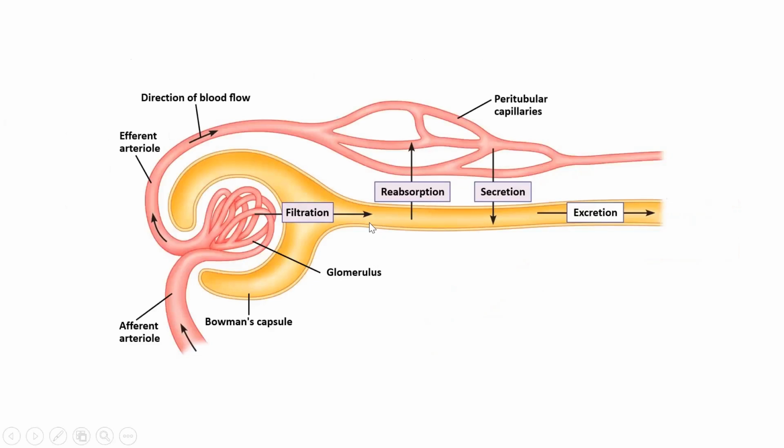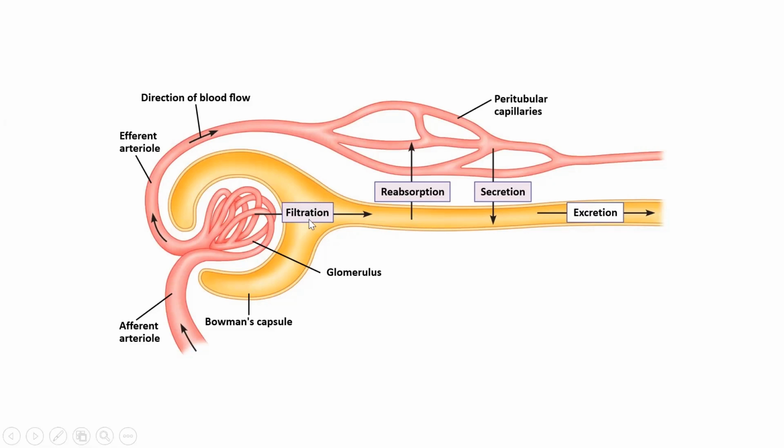All right, so just reiterating that here, we've got our afferent arteriole bringing blood toward the glomerulus. We've got our efferent arteriole sending blood away. We're filtering most of the fluid component of that plasma, of that blood, across the glomerulus, keeping behind things like proteins and cells, which continue to move toward the efferent arteriole.